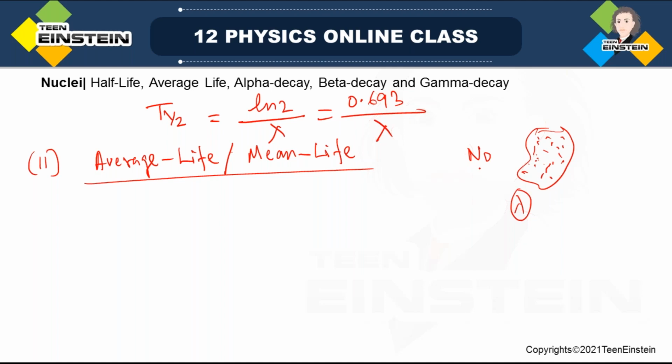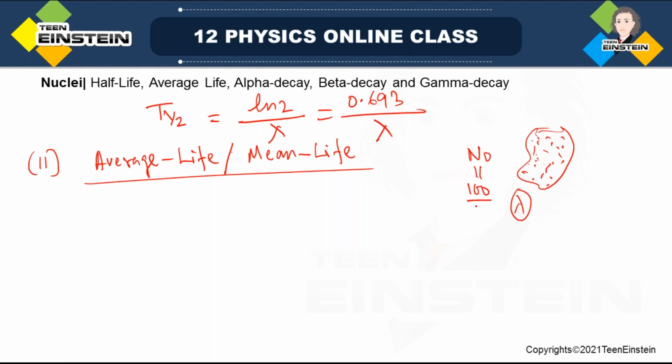But one thing you have to remember, radioactivity is a spontaneous process. Let me take some 100 nuclei. All of them will not start decaying at the same time. That is a probabilistic case. Nuclear disintegration or decay is a statistical probability.